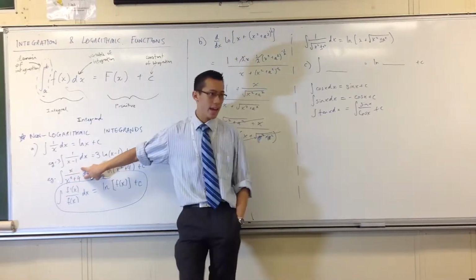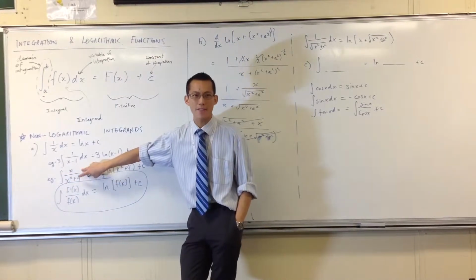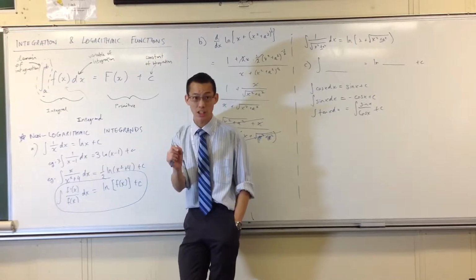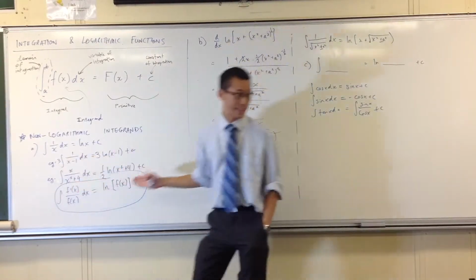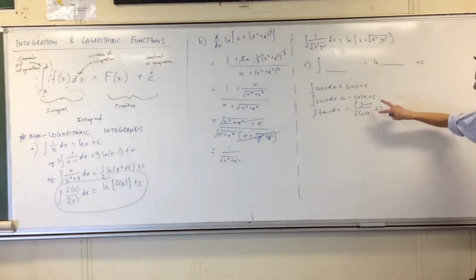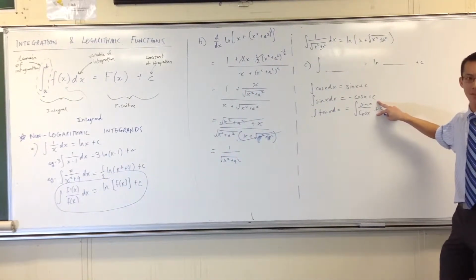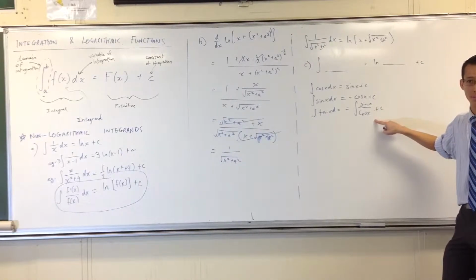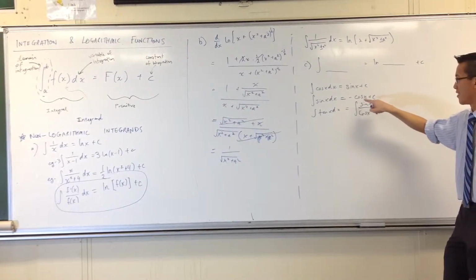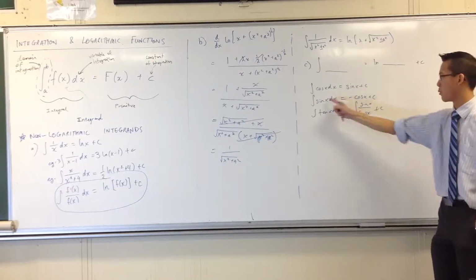Here, I don't quite have f dash on f, do I? I'm pretty close, but I'm not there. So we multiply by a constant to get there, didn't we? Now here, I don't have f dash on f, because sine is not the derivative of cos. What is the derivative of cos? It's negative sine, isn't it? Which is what we recognized here.